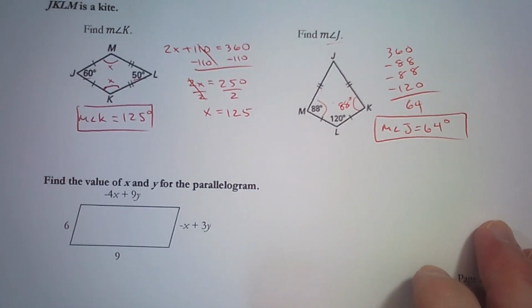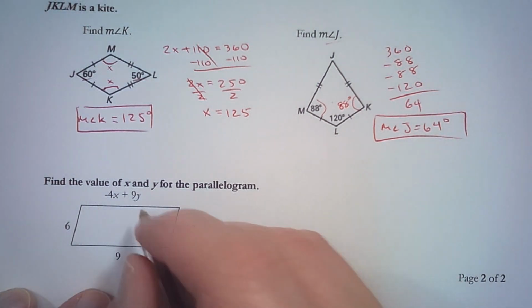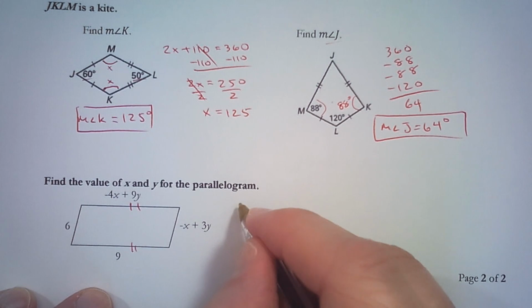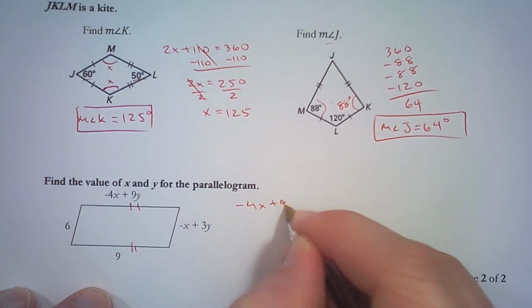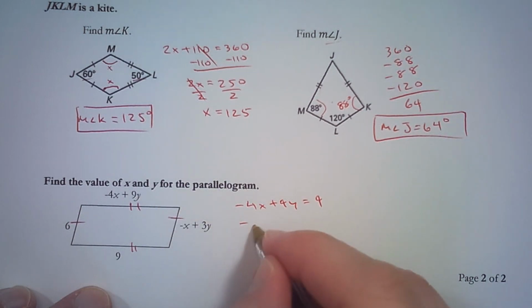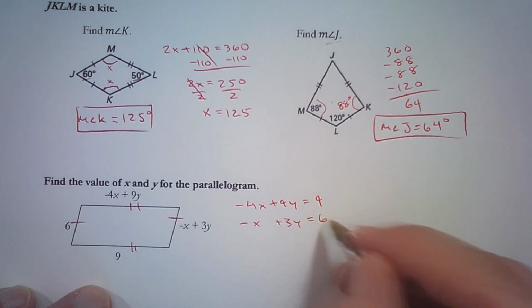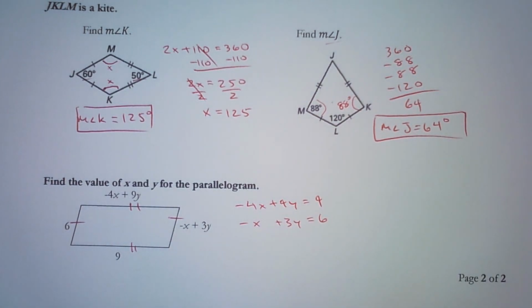And last up, I have a parallelogram, and I want the values of x and y. In a parallelogram, opposite sides are congruent, so that means that negative 4x plus 9y is equal to 9, and negative x plus 3y is equal to 6.